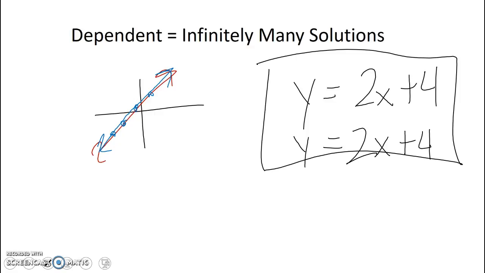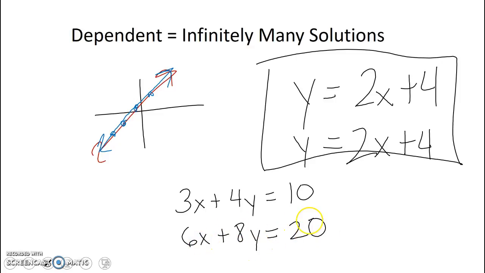But most times you're not going to get it like this. Most times it's going to be like 3x plus 4y equals 10, and maybe you'll have 6x plus 8y equals 20. And if I was going to check, are these things dependent, I really need them to be in this form right here, so I can see if they're the same line.